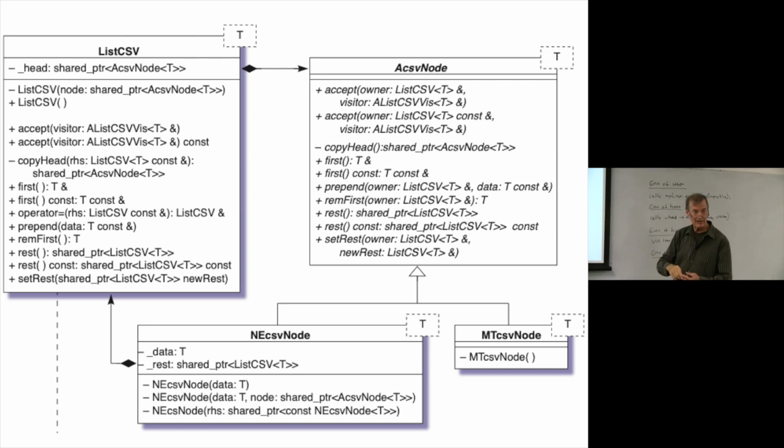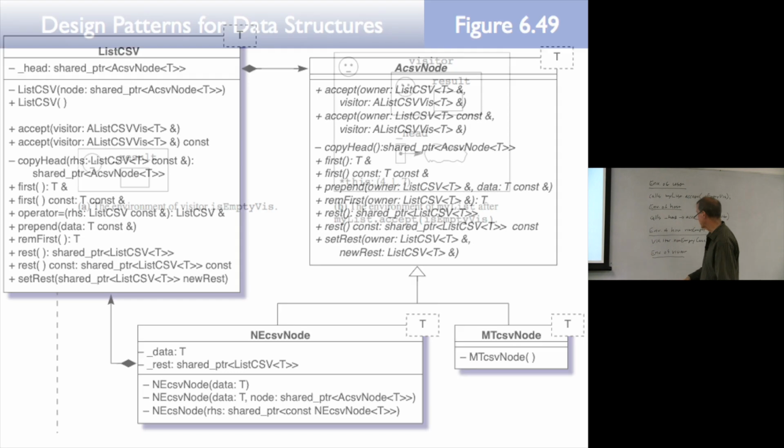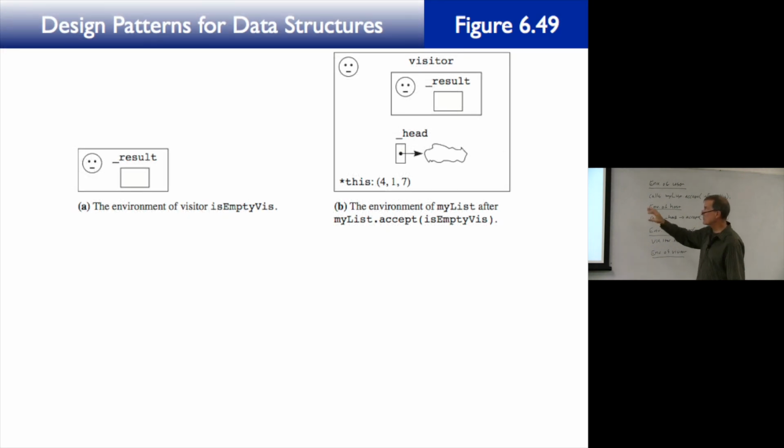The parameter. But what's the parameter? The parameter is a visitor. So it's like the visitor has its own little environment inside of it. The environment is being passed. Because the visitor is an object now, and this object has its own little result inside. Are you with me? Right? But then what happens? This one calls what?